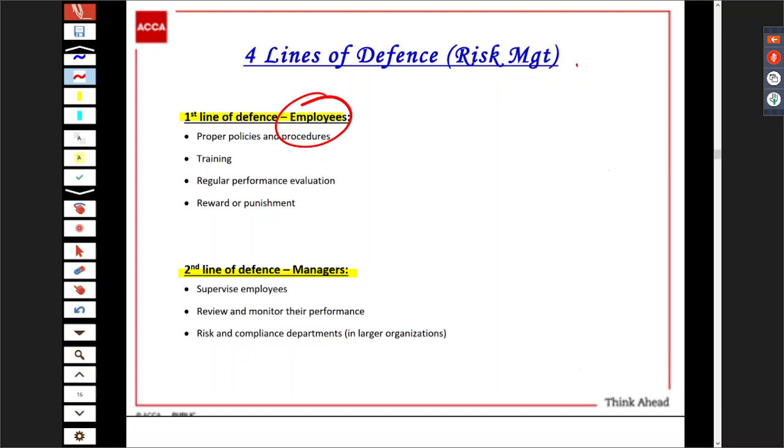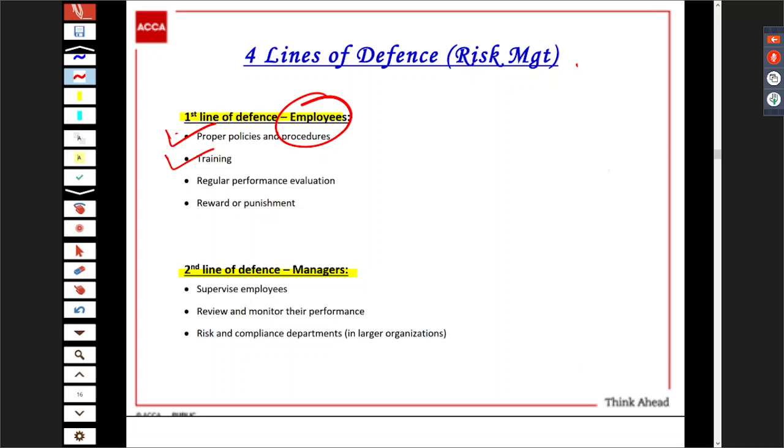So the first line of defense means the first safety net is that we make sure that there are proper policies and procedures in the organization so that all the employees are properly trained.